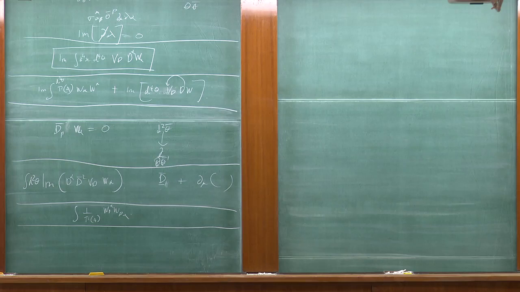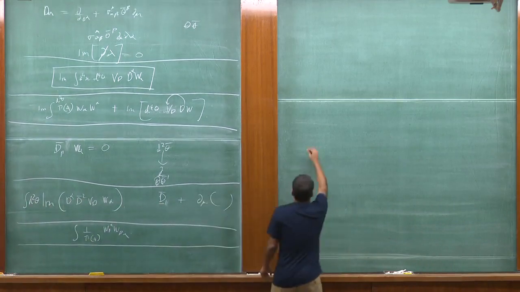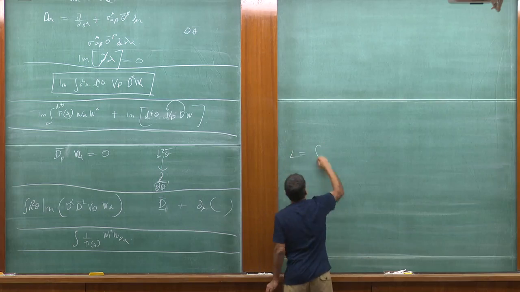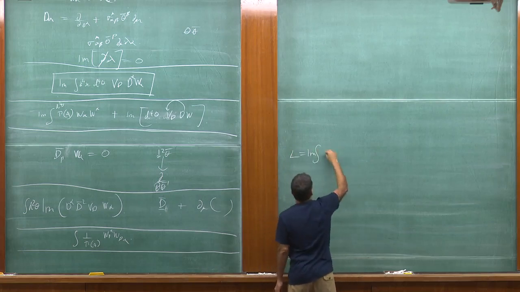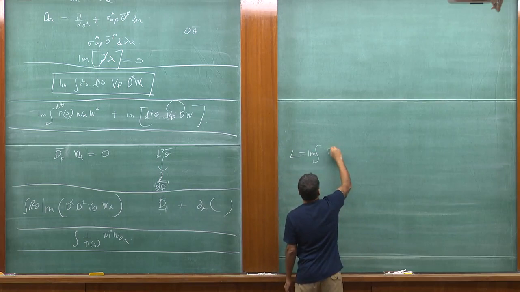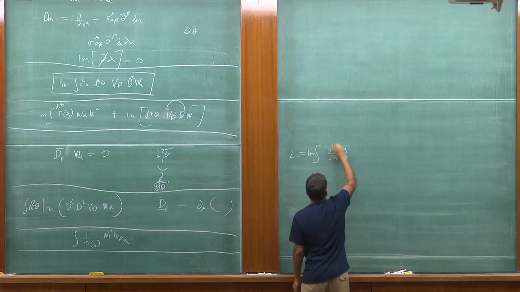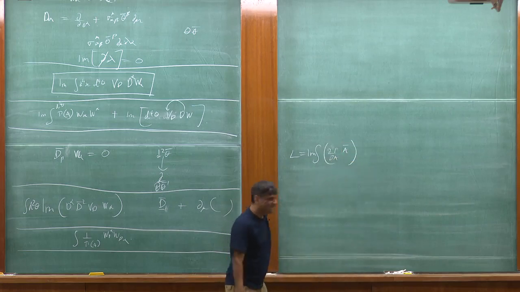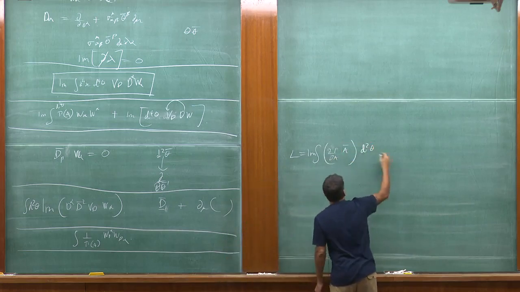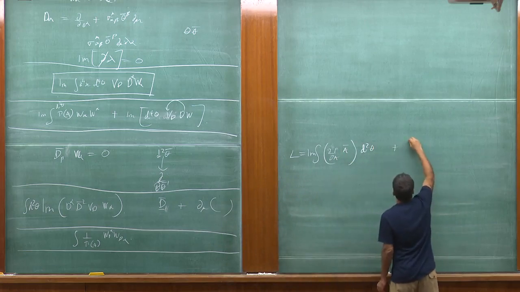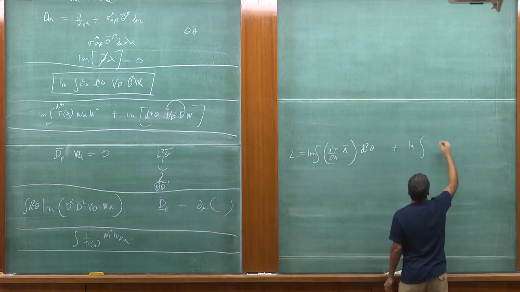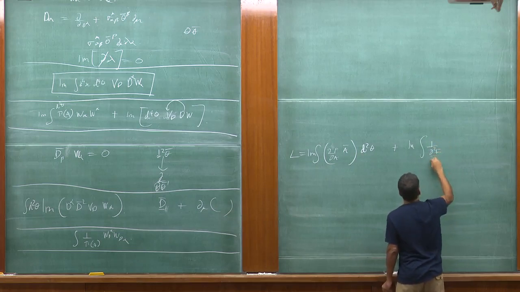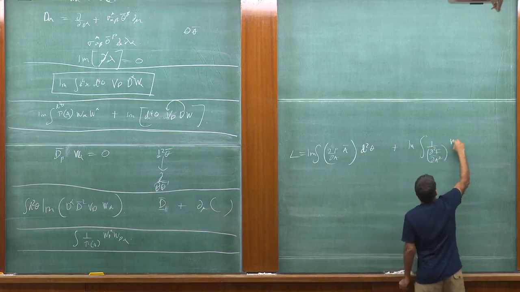And for this part, so now let's go back. So what have we accomplished? We found that our Lagrangian is equal to the imaginary part of del 2f by del f by del a times a bar d2 theta plus the imaginary part of 1 over del 2f by del a squared W D dual.